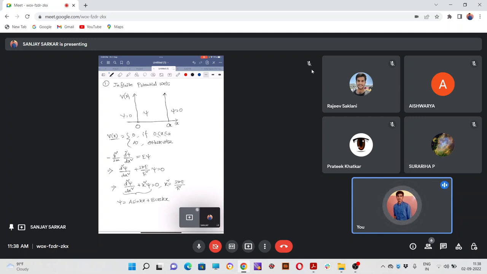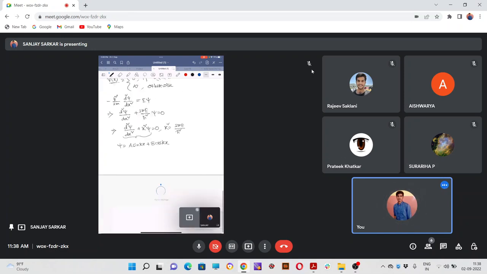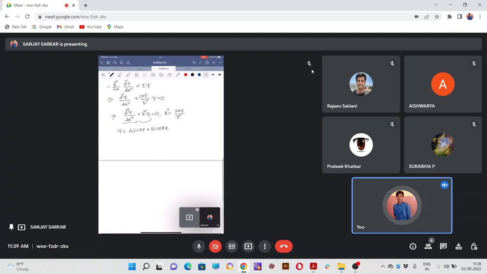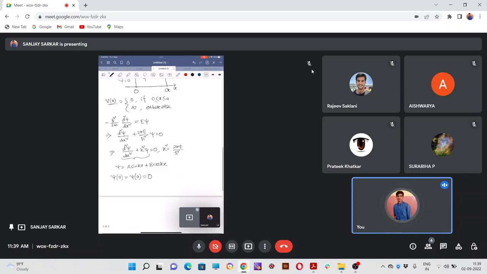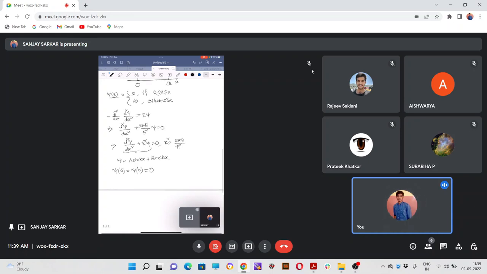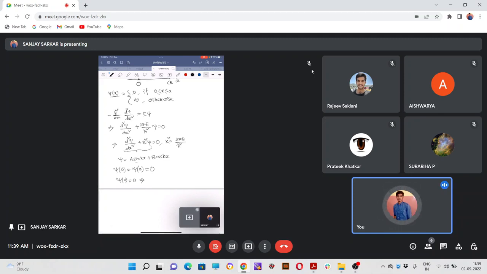So this is the general form of this wave function, but the boundary condition is that psi at 0 equal to psi at a equal to 0. This is the boundary condition for this potential well. From the first condition, psi at x equal to 0 is 0, this implies that b has to be 0, because at x equal to 0 this term is already 0.